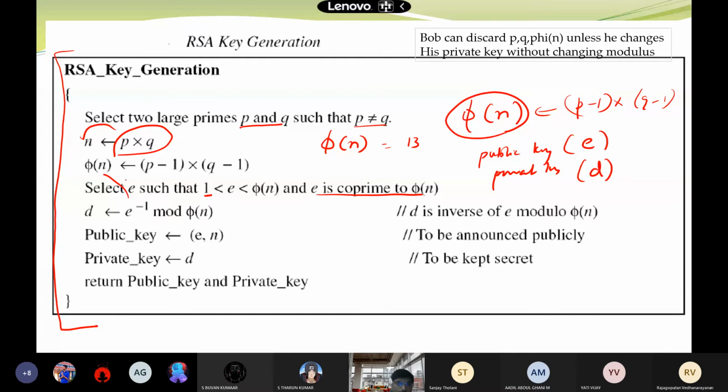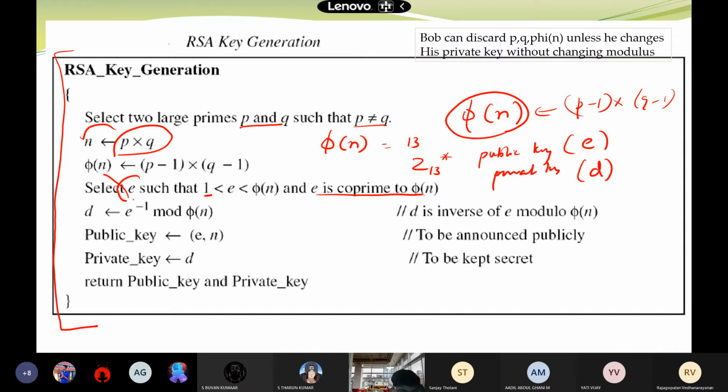Now I need to select E. What are we trying to do here? We are looking at the set 13 star, and choosing one of the elements in that set such that E is smaller than 13, which is obviously greater than 1, because it's a key value, and it should be relatively prime to phi of n.